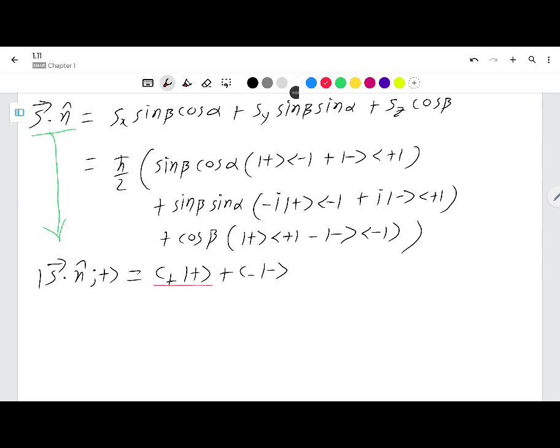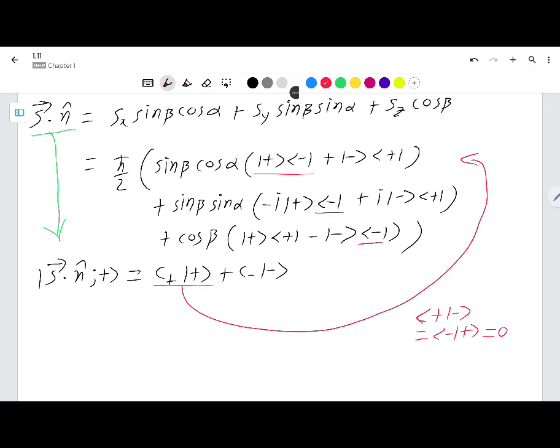It will get multiplied with all of these terms, and which terms will survive? Remember that plus and minus are orthogonal to each other, so this term will not survive, then again this term will not survive, and this term will not survive.